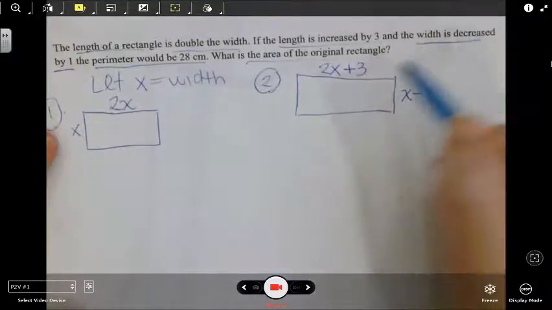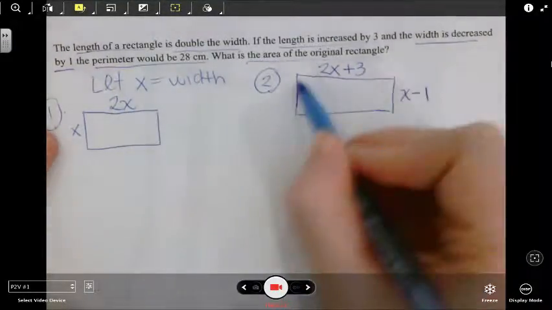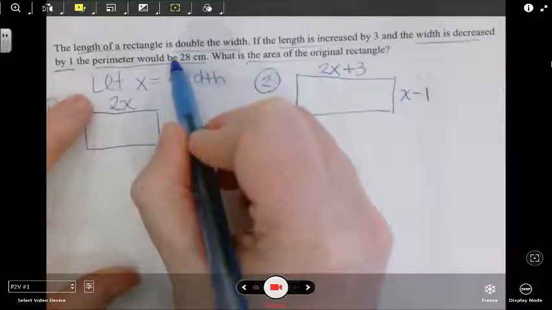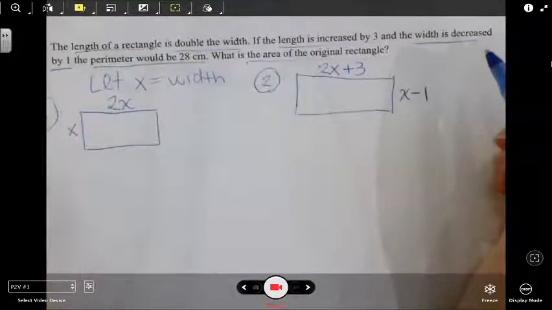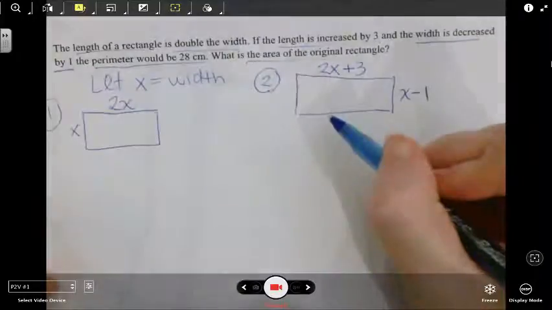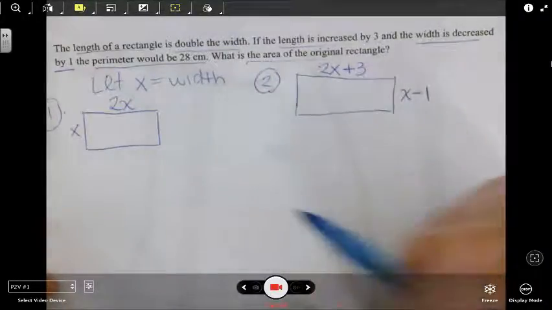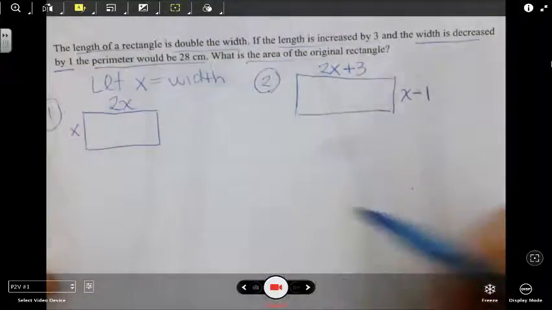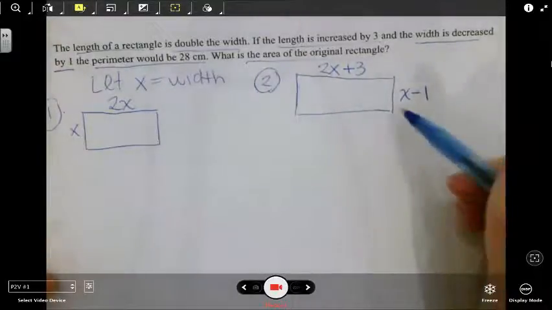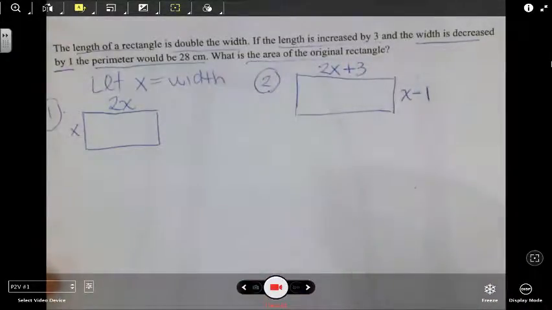Okay, so the perimeter of this rectangle is 28 centimeters. So in my perimeter, I have 2 times my length plus 2 times my width because I'm adding up all the sides. All of that together is equal to 28. So I'm going to make an equation for that.